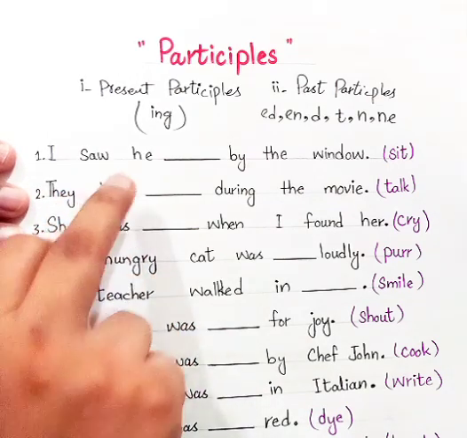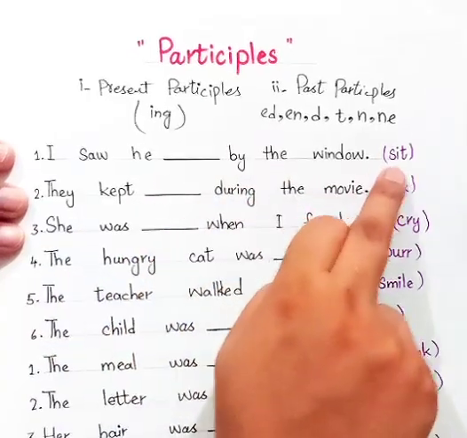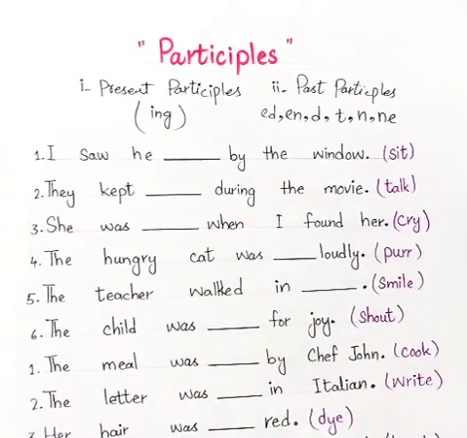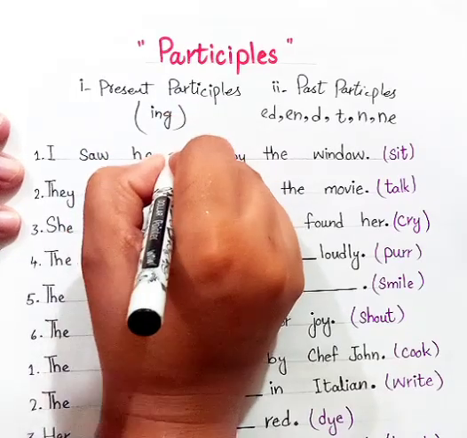I saw him blank by the window. Now the answer is sit. Now we will write the correct answer according to present participle in the given blank. So according to present participle, the answer will be sitting.